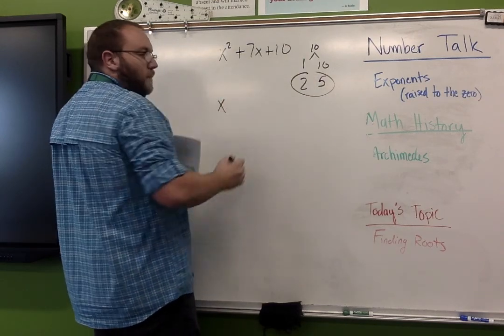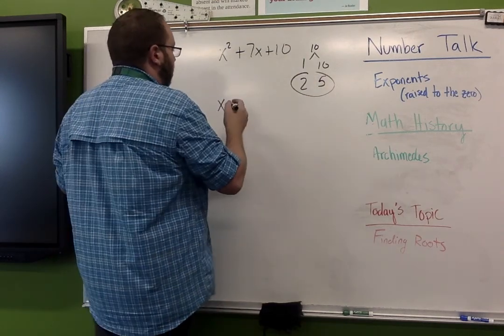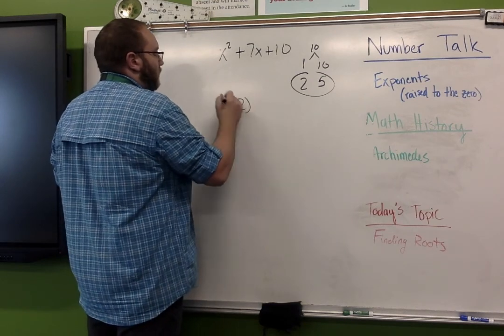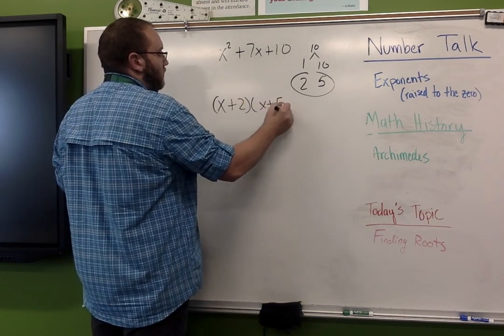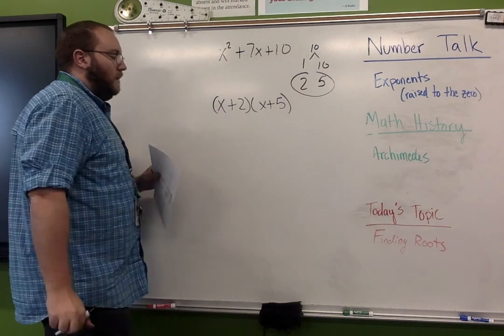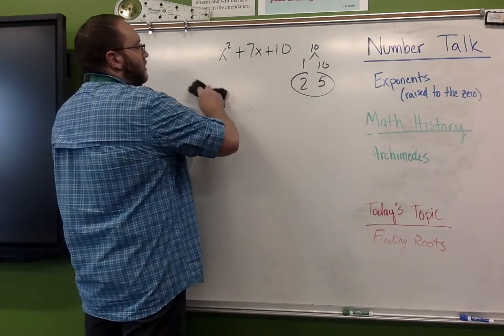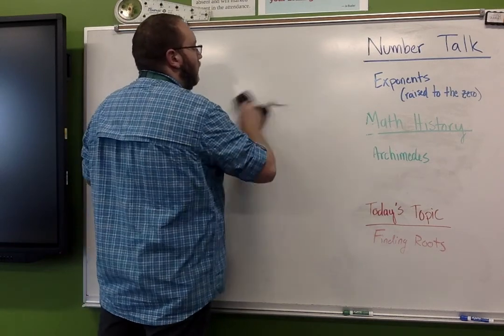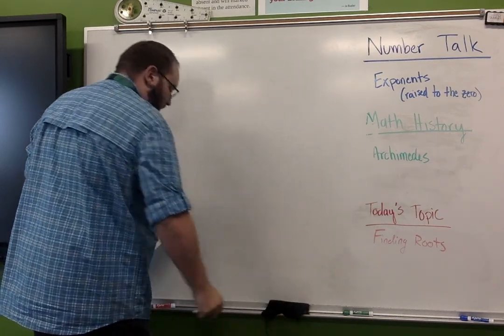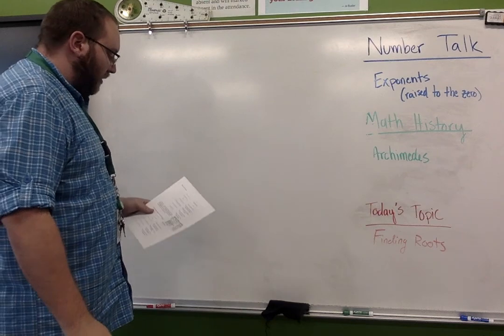Those would be our factors. Okay, so I'm going to show you the AC method. Now this method is quicker just for this one, but not overall. But I wanted one that you knew how to do so you could see it.